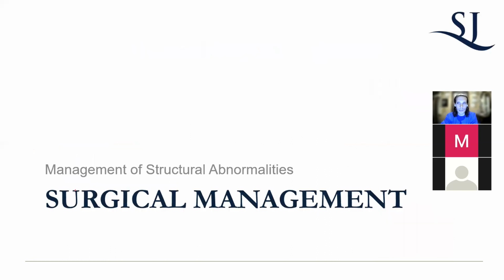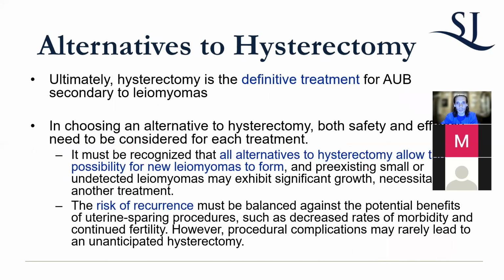But the mainstay beyond that is surgical management. And we speak about alternatives to hysterectomy, though ultimately hysterectomy is the most definitive treatment. Sometimes women don't want a hysterectomy, and oftentimes it's not best to just jump to hysterectomy.